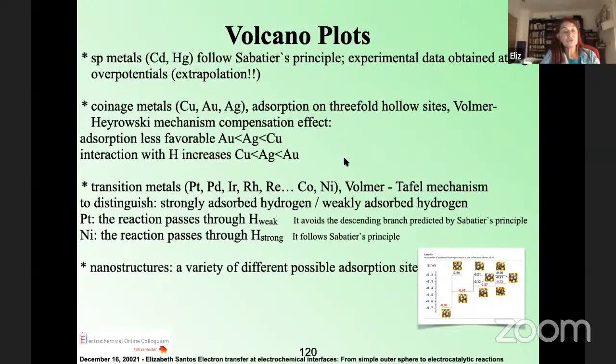I have shown also in the case of platinum and nickel, the orbitals extend farther away from the surface, and that favors a good interaction. And if the atoms are small and the extension is lower, then it's bad. But we cannot change this. This is the nature of the system.